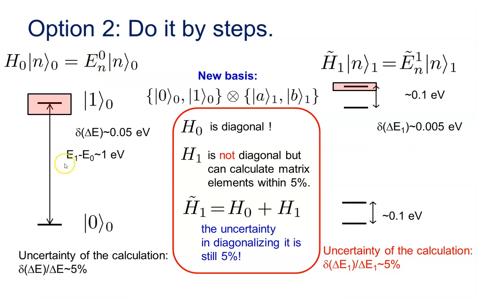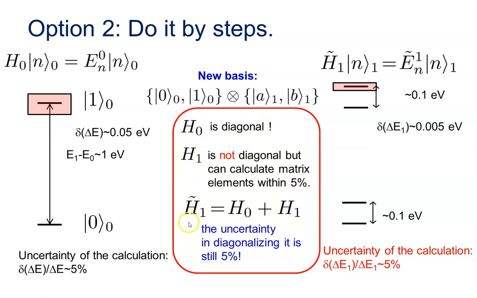Well, in that basis, H0 is diagonal, right? And now you take a basis for H1, which you could in principle calculate H1 only in this basis, and you can calculate that with a 5% error on the energy scales of H1. So if the typical energy scale of H1 is 0.1 electron volts, your accuracy would be 0.05, right?